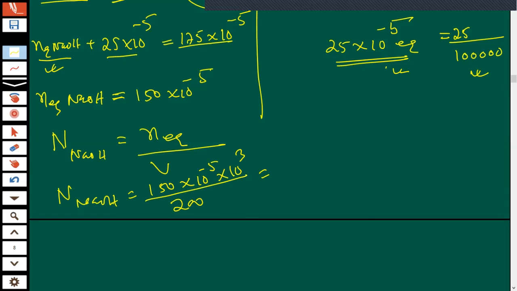7.5 into 10 to the power minus 3. This is the normality of NaOH, right?